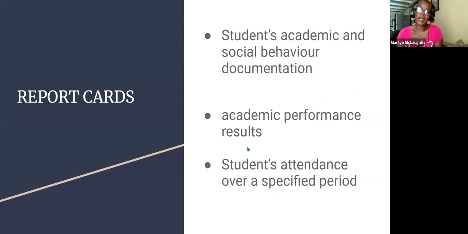So what is the purpose of the report card? The purpose of the report card is to give students an academic and social behavior report, and it is documentation of their work that they have been doing throughout the term or the school year, whichever the period is that you're writing the report for.